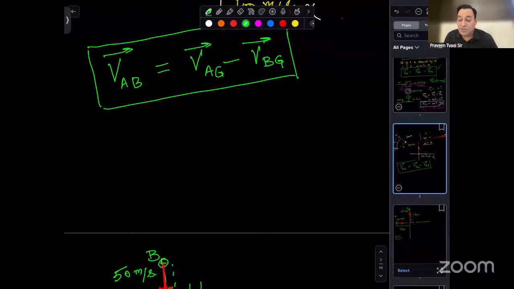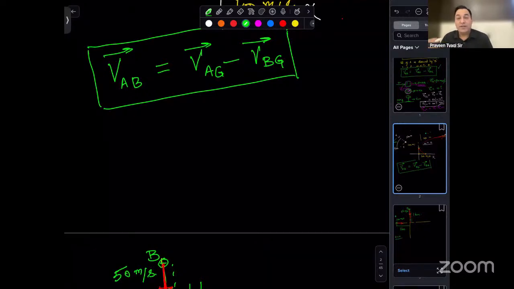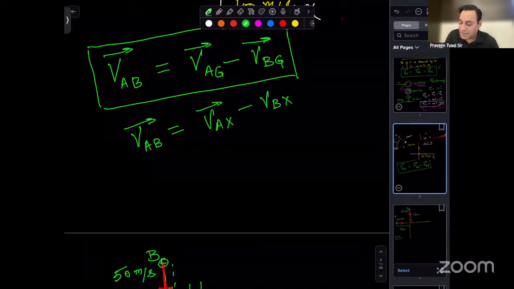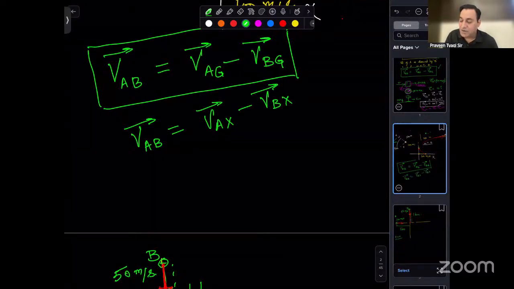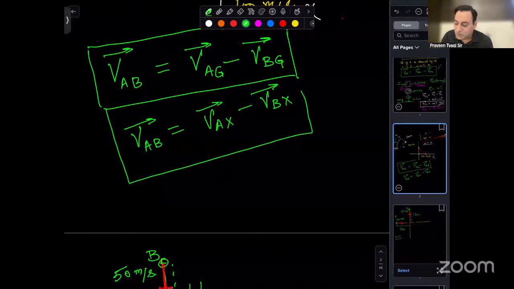But if instead of relative to the ground, I give you velocity of A relative to some frame x, then even then I can say velocity of A as observed by B will be equal to VAx minus VBx. X can be any frame of observation, and this will still hold true. So know these two velocities.